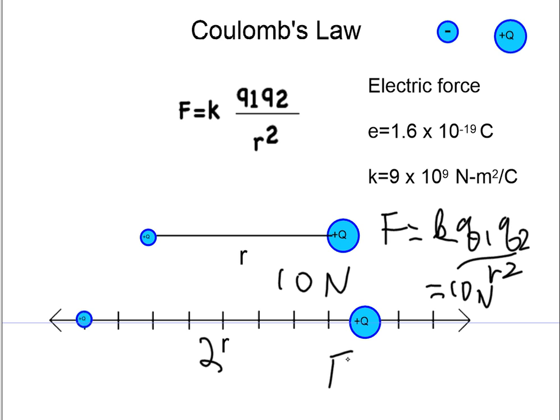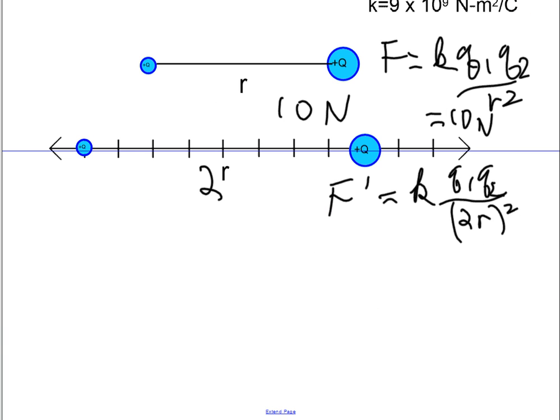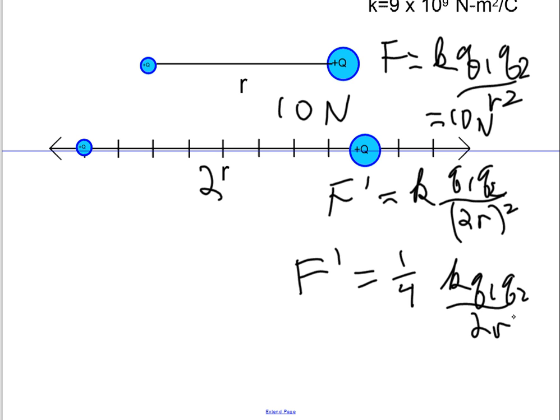The new force is going to equal k q1 q2 divided by 2r squared. So the new force will be 1/4 k q1 q2 over r squared.